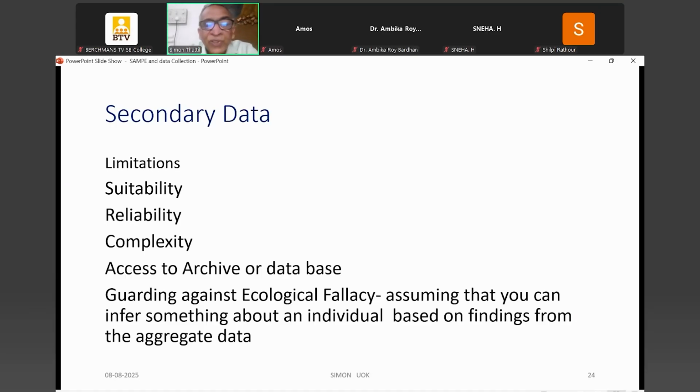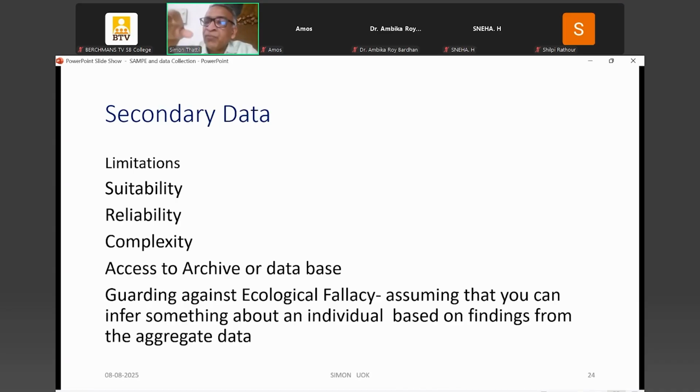And finally, we should guard against what we call the ecological fallacy. Assuming that what you infer, when you infer something about the individual based on findings of the aggregate data. That means from the total data, what you get, you're assuming that that will also be there in the sample. Suppose you got that this ethnic minority, or one group, whatever group it is, that group people have committed a lot of crimes.